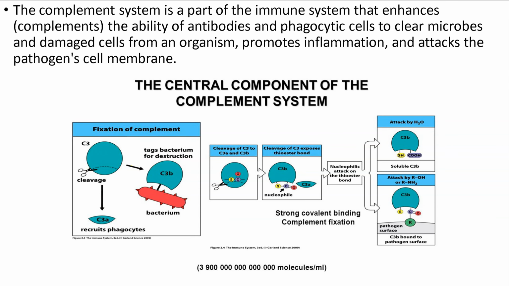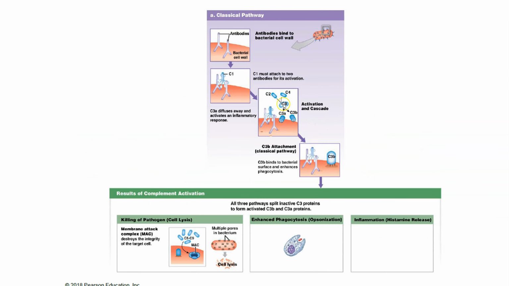C3 diffuses away. And so you can see that causes a signaling cascade. A signaling cascade is basically like something happens in one place of the cell and it triggers this enormous response by activating something different and then activating something different. And so one thing activates 10 things and those 10 things activate 1,000 things. And so it's literally like a trickle of water eventually becomes a roaring waterfall. If you ever played dominoes, right?